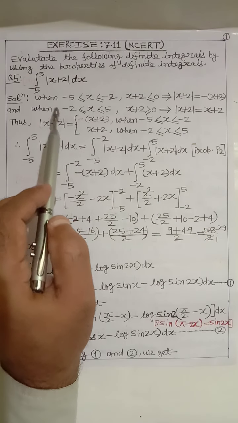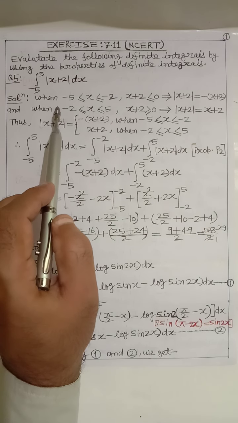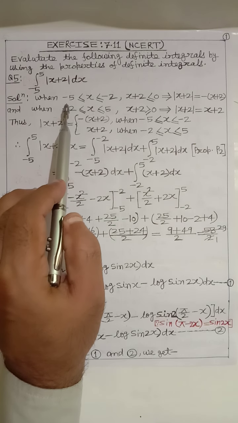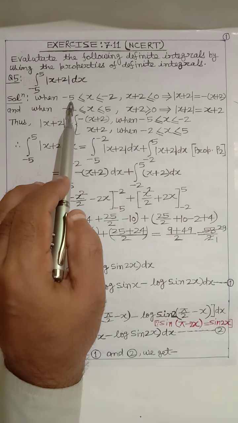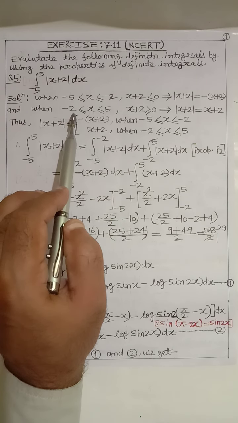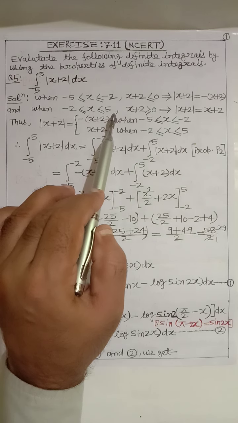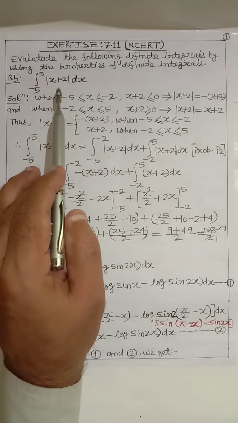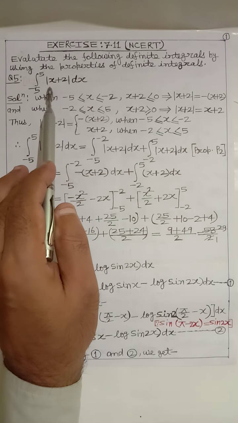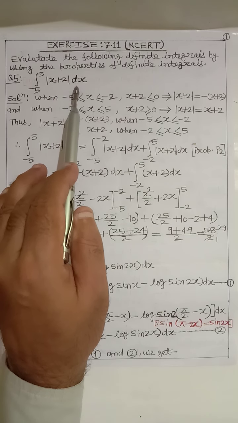Dear students, here we break the given limits in two parts, that is minus 5 to minus 2 and minus 2 to 5. In that case, we find the values of the given function, that is mod of x plus 2.